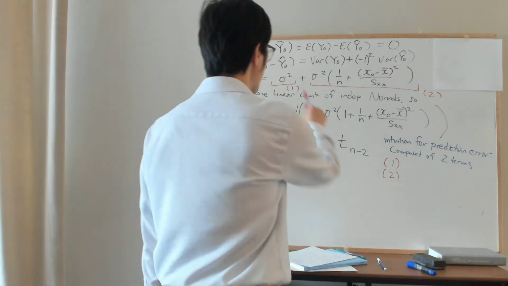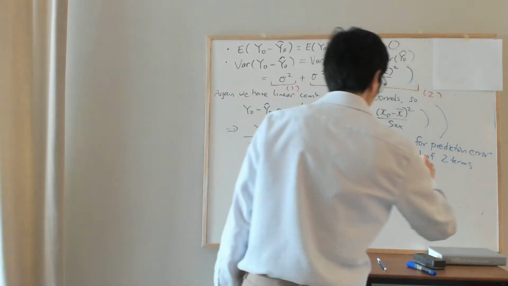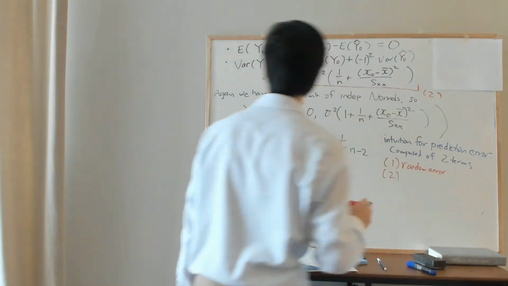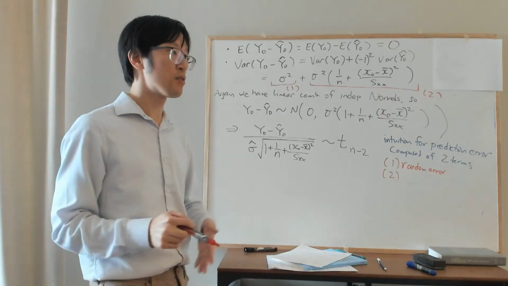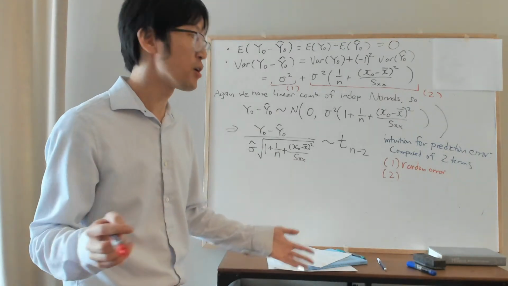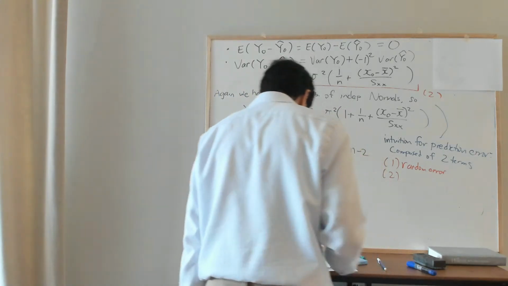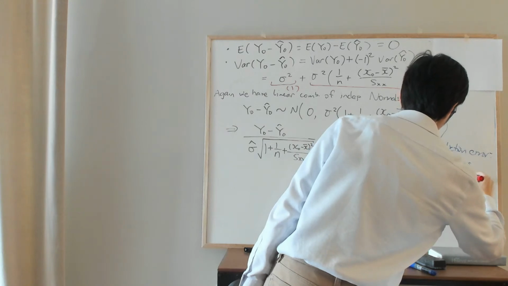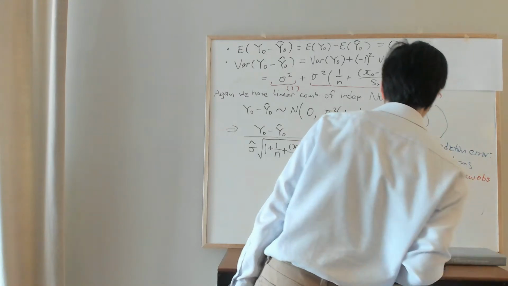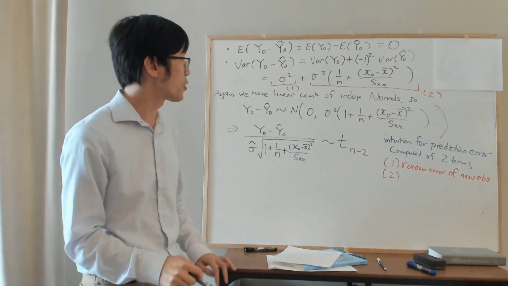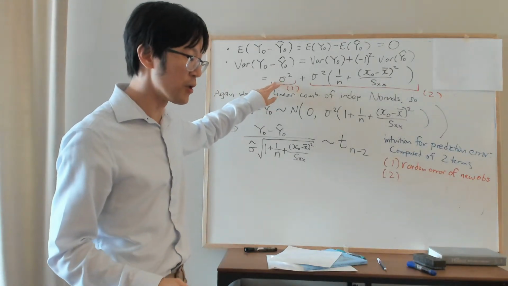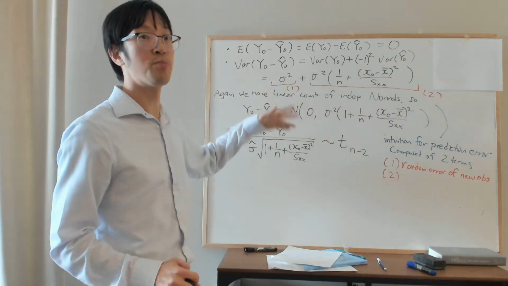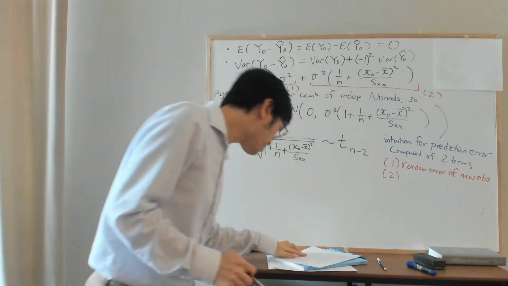So we can call this the sigma squared term, the random error associated with the fact that the line is not going to perfectly fit our data. We call this the random error of the new observation. So we get a sigma squared from there, the same sigma squared error variance that is part of the linear model.